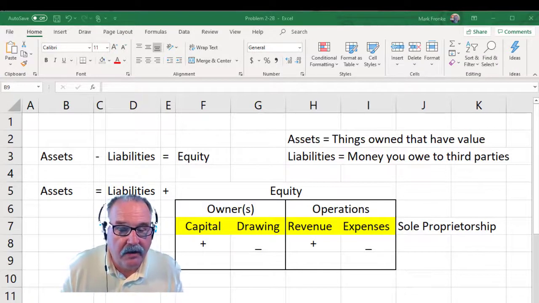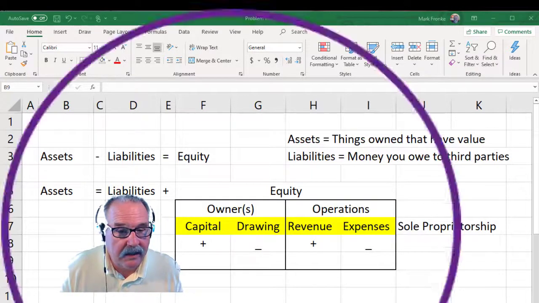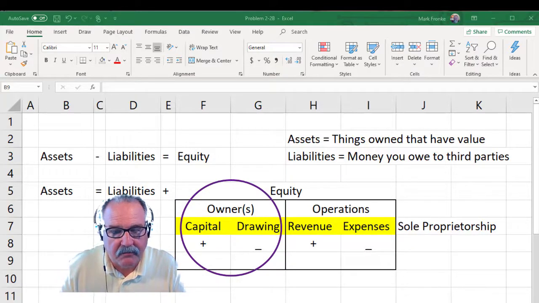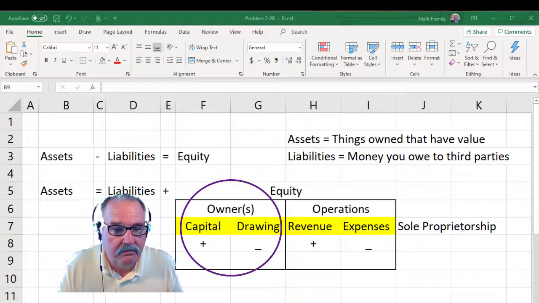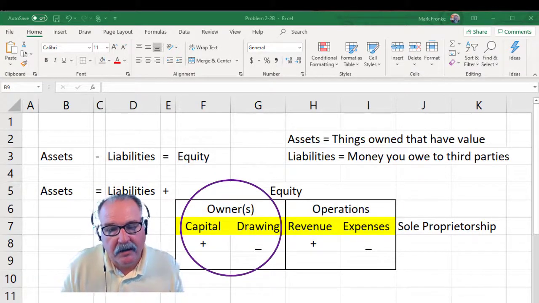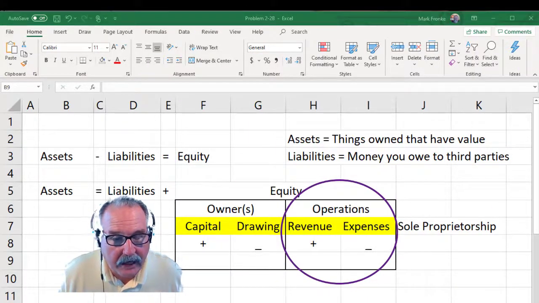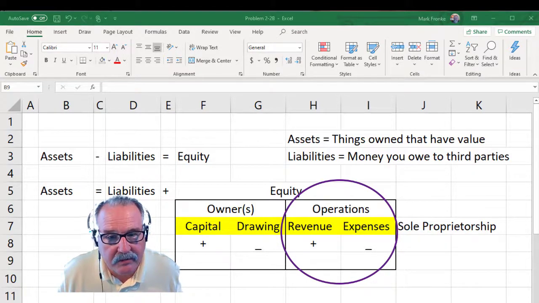The owner of a company is the special person who puts money in and takes money out as needed. So we keep track of that in separate categories. And then the operations relate to, what do we do in our business? How do we generate revenue? Providing goods or services to our customers.